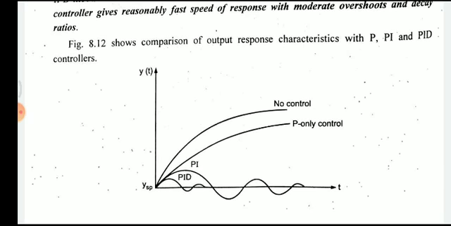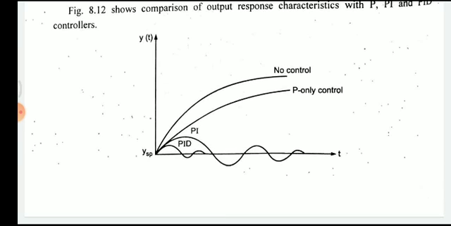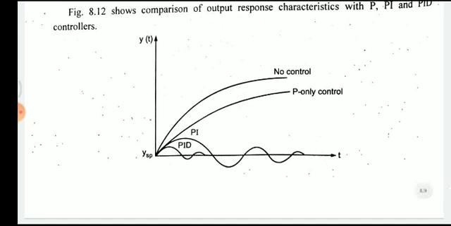So for this let us see figure 8.2. Figure 8.12 shows the comparison of output response characteristics of P, PI and PID. Here a graph is given, y of t versus t, in which the curved line indicates no control.